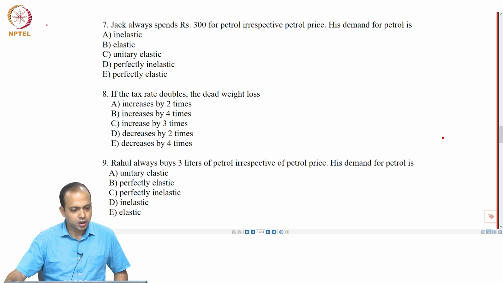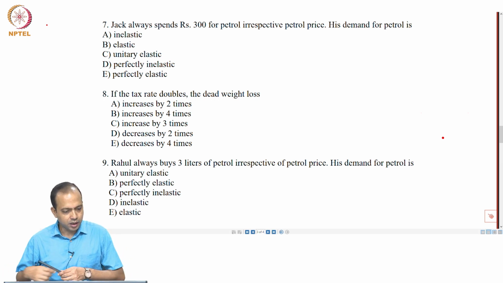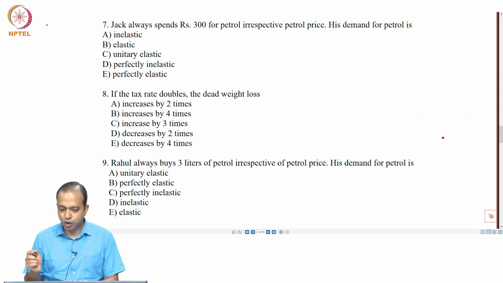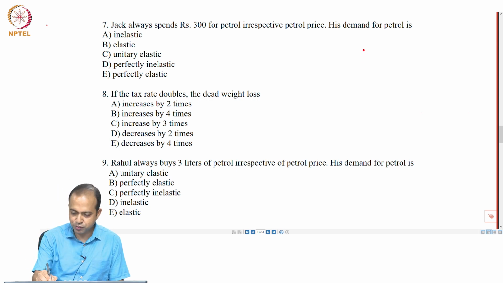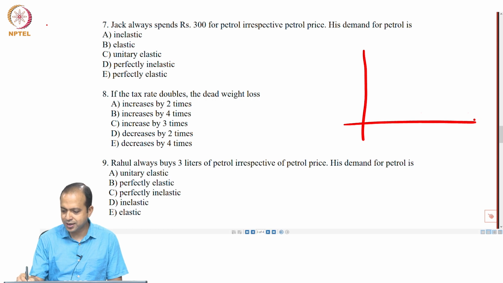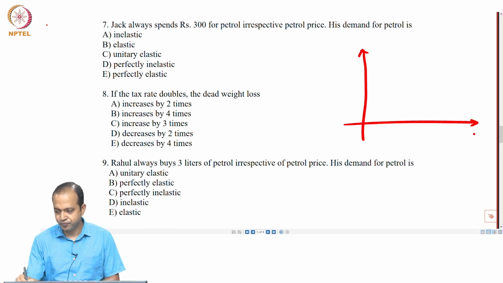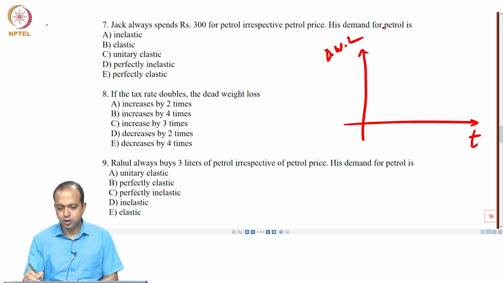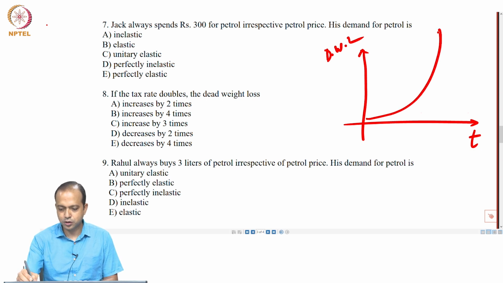Then the next problem we are going to discuss is, if the tax rate doubles, what happens to deadweight loss? Now, if you recall the relationship between tax rate and deadweight loss, let us say here you are measuring tax rate and here you are measuring deadweight loss, then the relationship was like this.